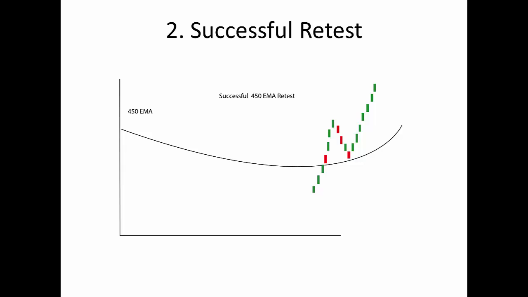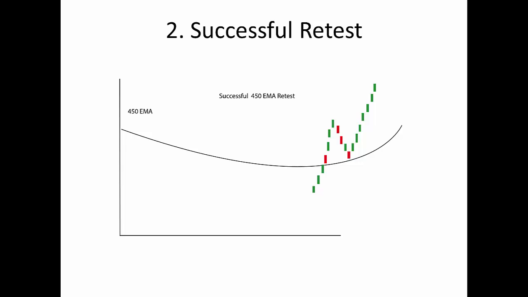The first one is what we have here: a short cross, an incipient cross, a pullback, and an up move continuation. So from the technical point of view, this is a successful cross and retest technical event.